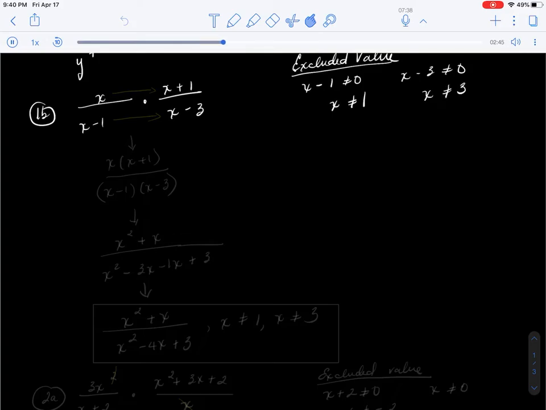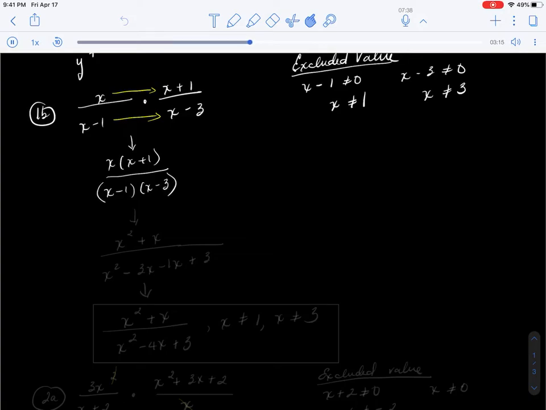We need to check to see if we can cross-cancel anything out. Remember, you cannot just cancel the x by itself. You have to cancel the whole terms. In this case, I cannot do anything, so I just go ahead and multiply it straight through. That should give me x plus 1 times x minus 1 over x minus 3.